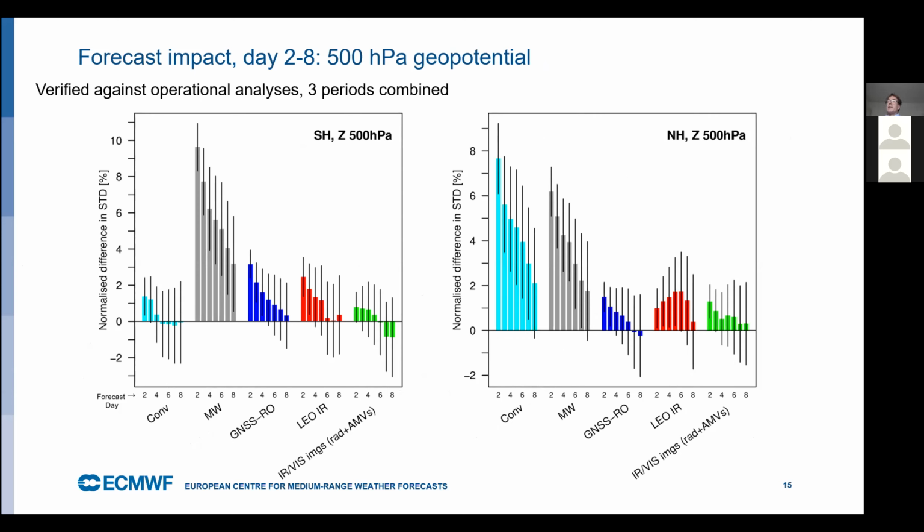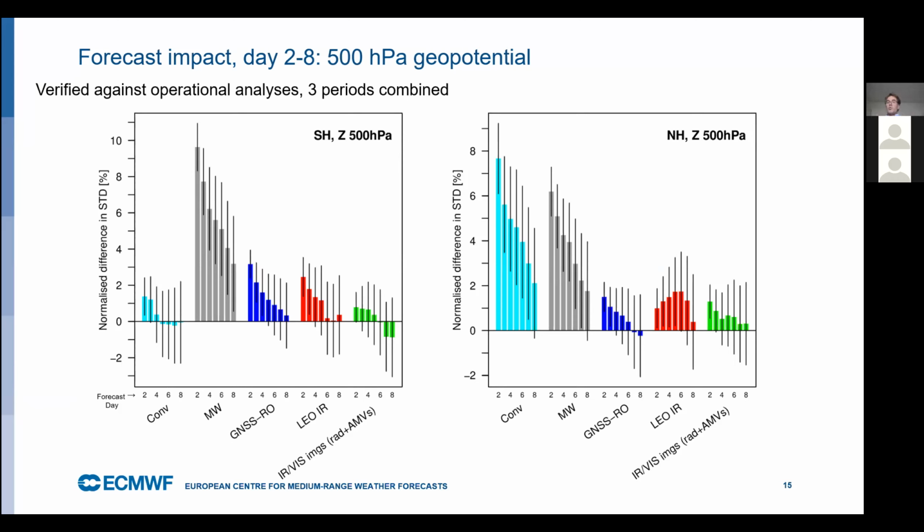But the microwaves and conventional data are clearly most important in the northern hemisphere. Overall, if we'd looked at more stratospheric parameters here rather than the 200 and below parameters, we would have probably seen RO having a bigger impact than some of the other observing systems. But I think this is a really positive step with the latest RO data.